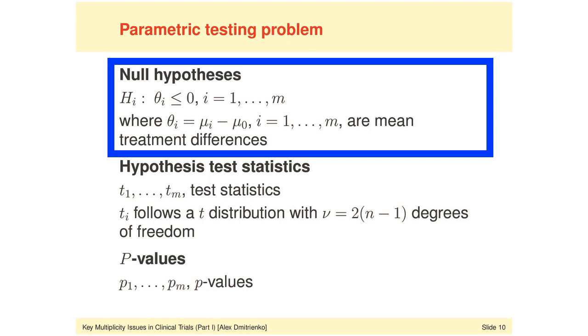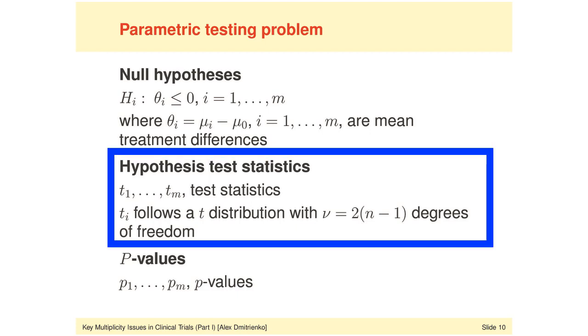Those null hypotheses will be tested using a set of hypothesis test statistics denoted by T1 through Tm, and each one is based on the simple t-test, 2-sample t-test to be precise, and thus the test statistic Ti follows a t-distribution with 2 times n minus 1 degrees of freedom.